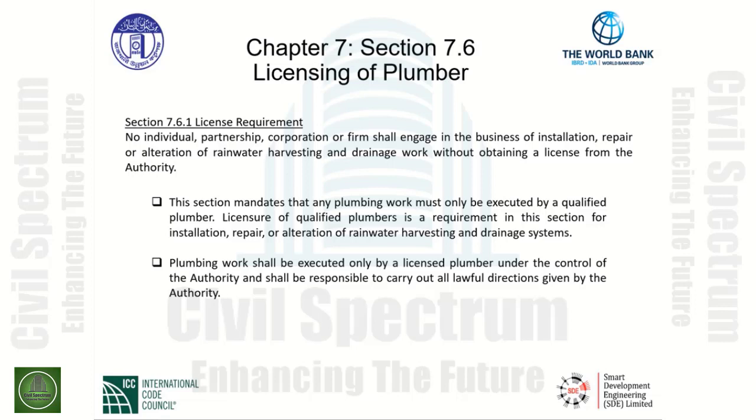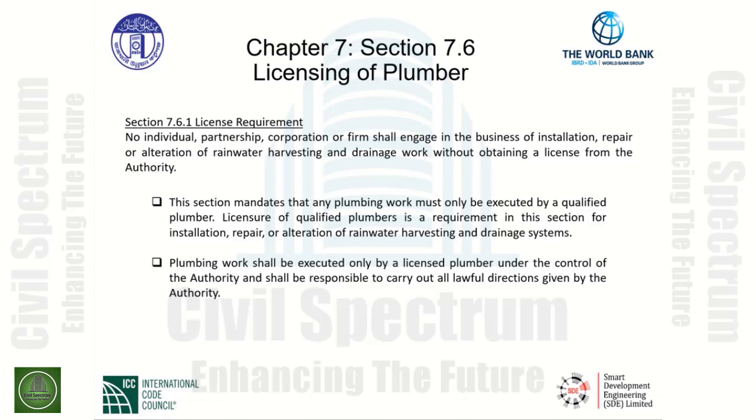This section mandates that any plumbing work must only be executed by a qualified plumber. Licensure of qualified plumbers is a requirement in this section for installation, repair, or alteration of rainwater harvesting and drainage systems. Plumbing work shall be executed only by a licensed plumber under the control of the authority and shall be responsible to carry out all lawful directions given by the authority.